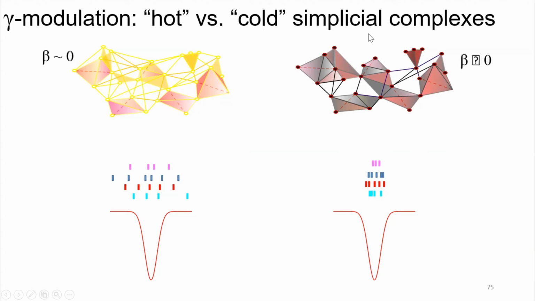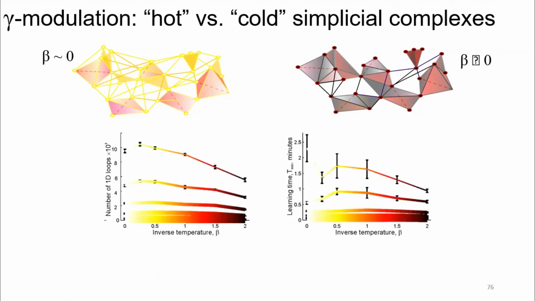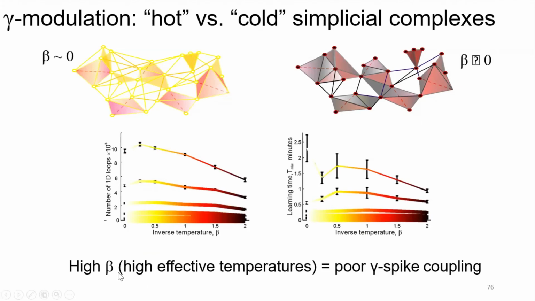And if the simplicial complex gets cold, the effective temperature goes down, and the spikes are concentrated at the trough of gamma. If you run the simulation, for small beta, high effective temperatures, you have a large number of topological loops, a large number of topological defects. I'm showing 1D here, but the same thing happens in 2D, and large learning times.